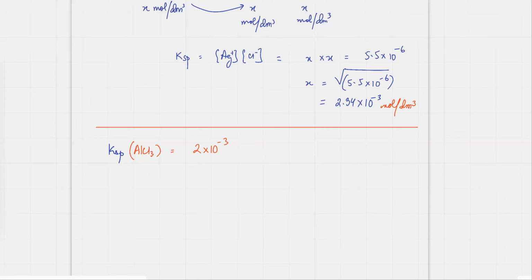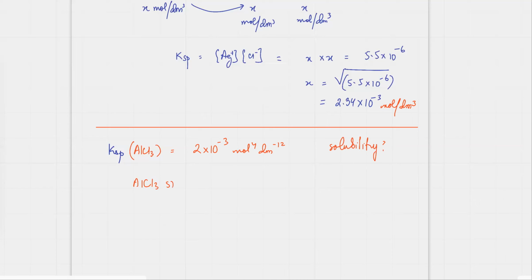Remember, it's just a hypothetical value. It's mole 4 dm minus 12, I think. So just a hypothetical value. AlCl3 dissolves. We need to find the concentration. Remember, he's asking for the solubility, like how much dissolves. What's the concentration in a saturated solution? Remember, he's going to use the term saturated.